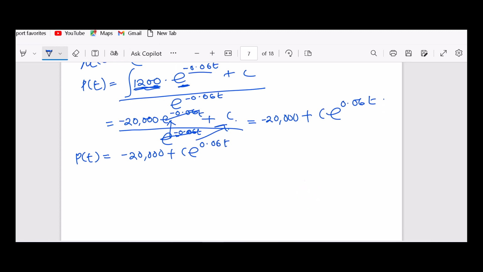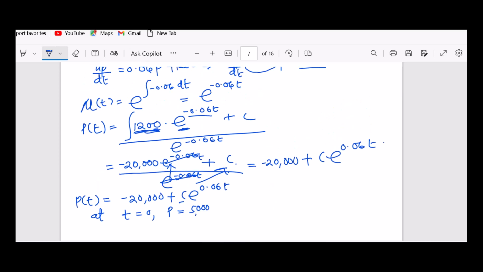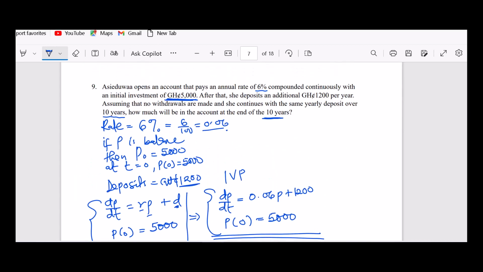So this is our P of t, but we are not done. We need to find c using the initial value. At t equals 0, P equals 5,000; the initial deposit was 5,000.